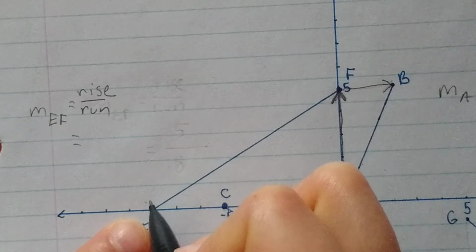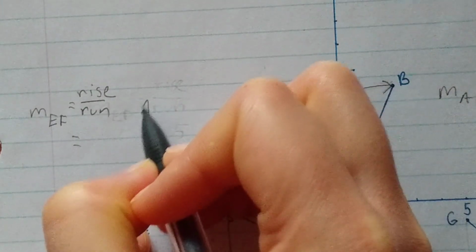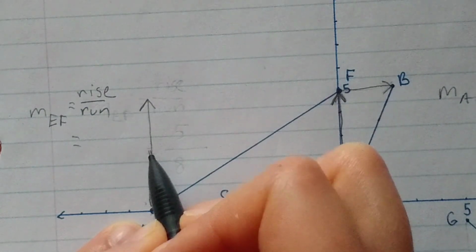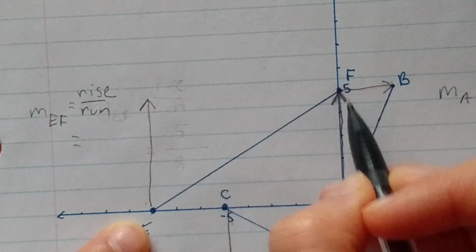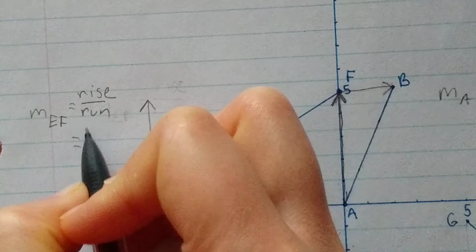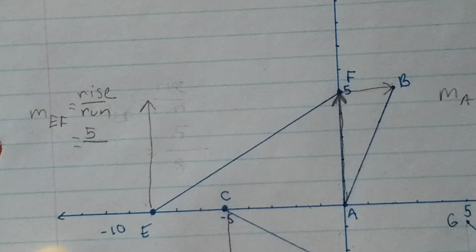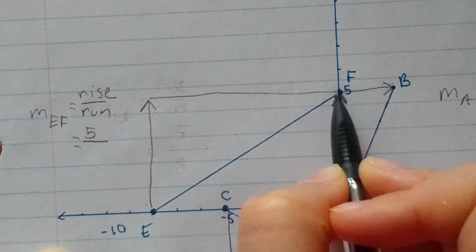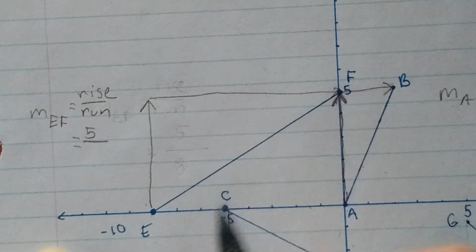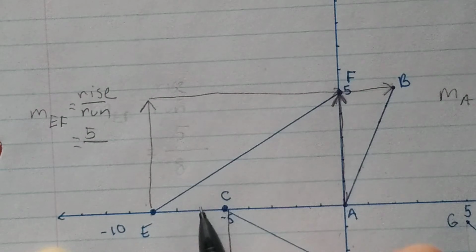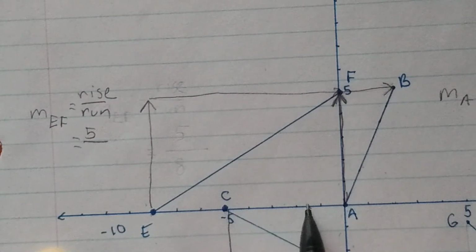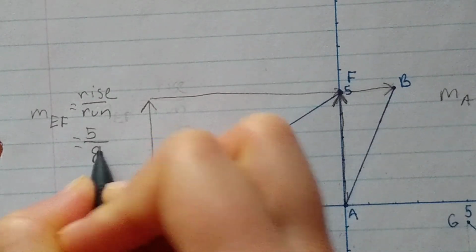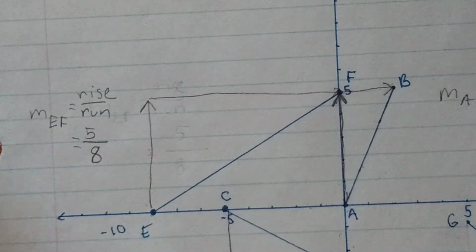And we're going to go up 5 units. 0, 1, 2, 3, 4, 5 in line over here. So our rise will be 5. And our run will be 8 because there's 8 units between here and here, and you could count down here. 0, 1, 2, 3, 4, 5, 6, 7, 8. So the slope of this line is 5/8.